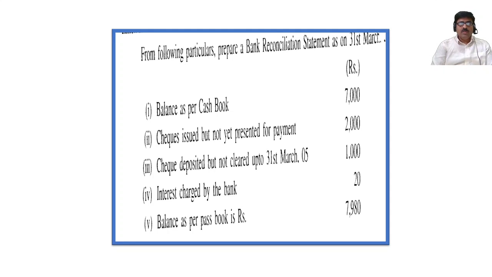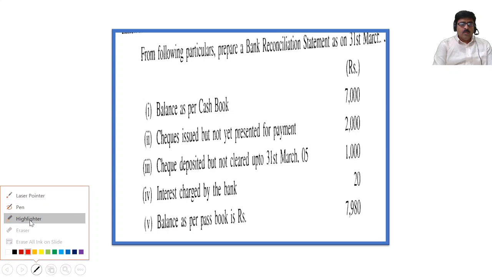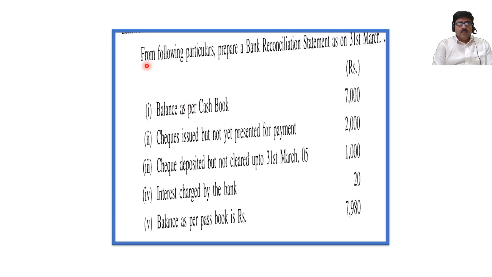One illustration. From the following particulars, prepare a bank reconciliation statement as on 31st March. Balance as per cash book 7,000 rupees.